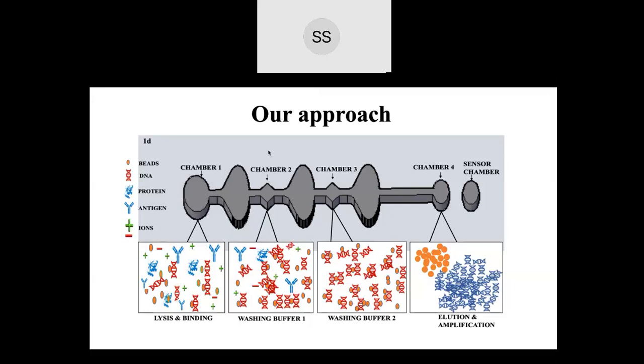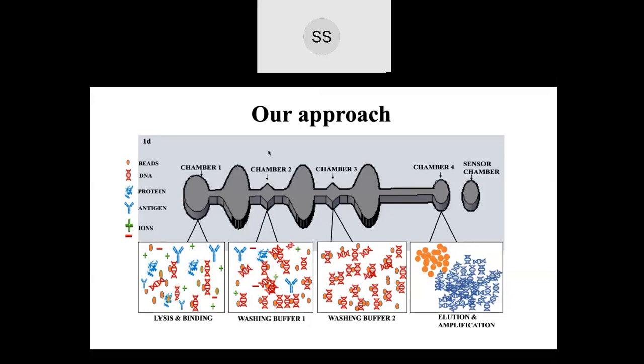Chamber 4 is already maintained at an isothermal temperature of 70 degrees. Once the magnetic beads reach chamber 4, they will elute the DNA and RNA from the human and from the virus into the chamber. Chamber 4 contains a master mix of leuco crystal violet dye for naked eye detection and the Zika-specific primers.